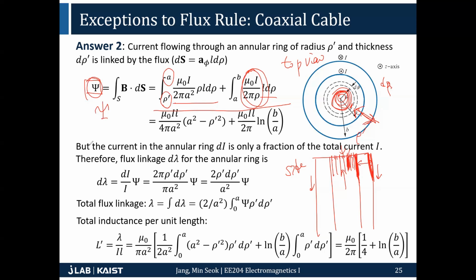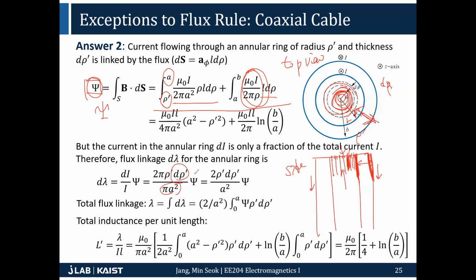But if you think about the current, the current passing through this small cylindrical shell is not I, right? I is the total current. So the current passing through a cylindrical shell is, of course, I over pi a squared times 2 pi rho prime d rho prime, right? 2 pi rho prime is the circumference of this cylindrical shell, and d rho prime is the thickness.